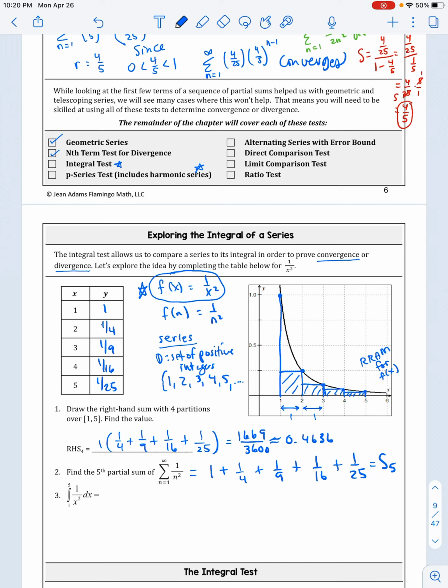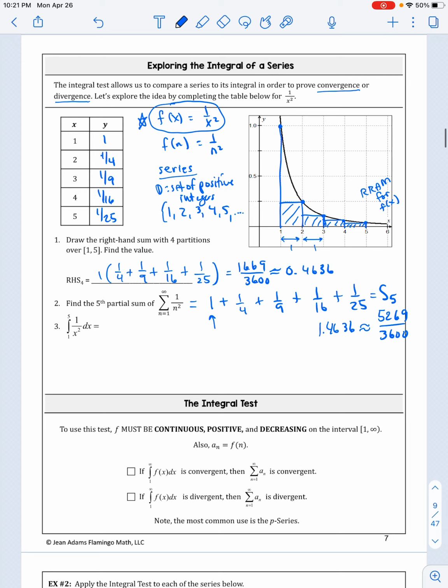That would be my fifth partial sum, which we say S sub 5. If you put that in your calculator, you get 5,269 over 3,600, which is approximately 1.4636. So notice that if I took this very first one off, if I subtracted off that 1, I would get my RRAM, okay?